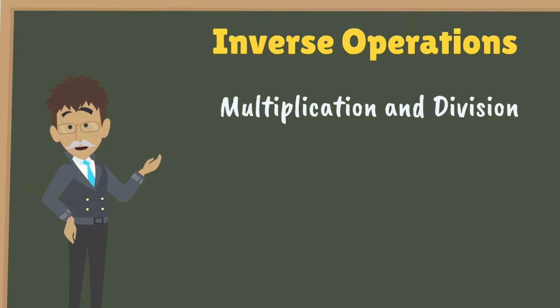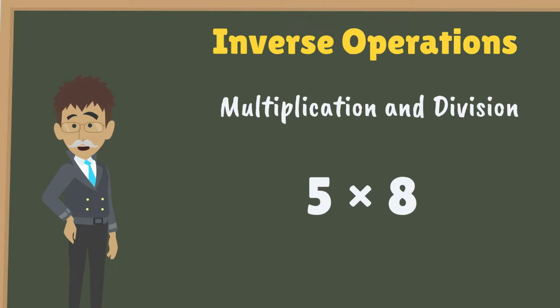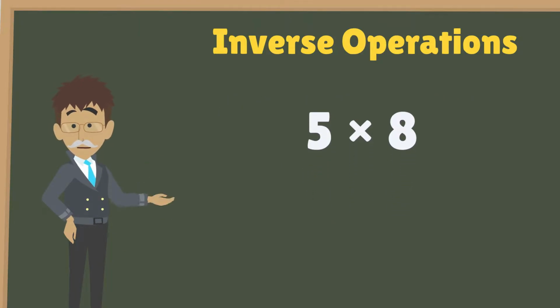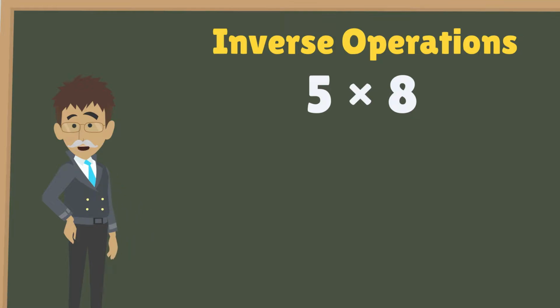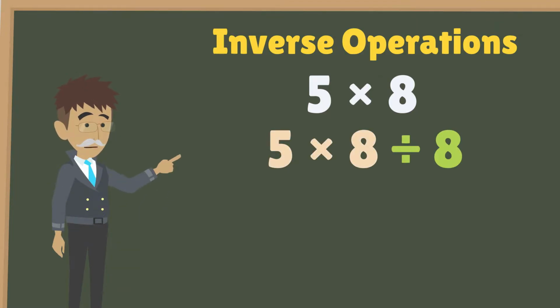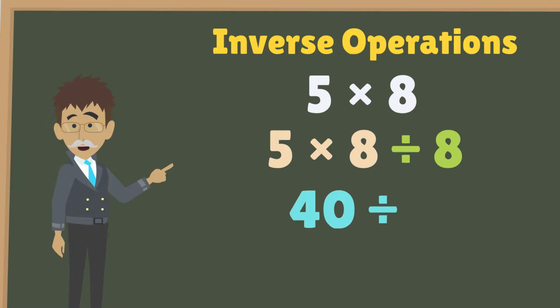Multiplication and division are another pair of inverse operations. Take the statement 5 times 8. To undo the multiplication by 8, use the undo operation division and divide by 8. 5 times 8 is 40, and 40 divided by 8 returns us to our original 5.